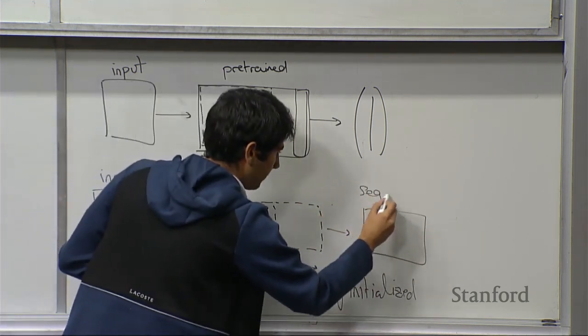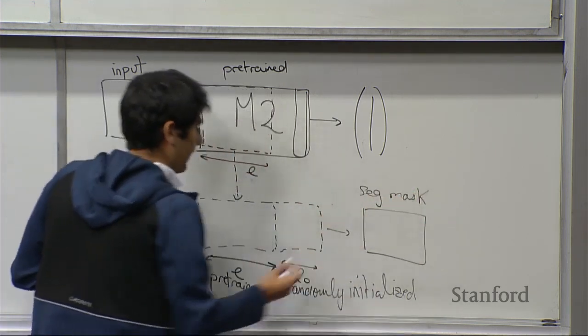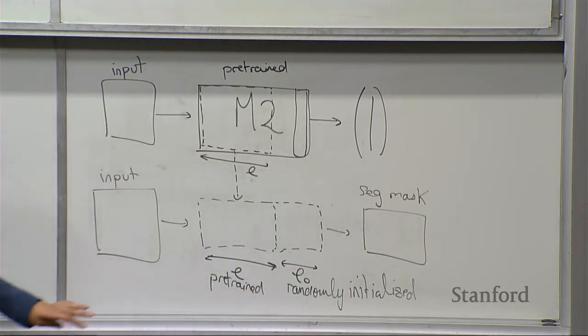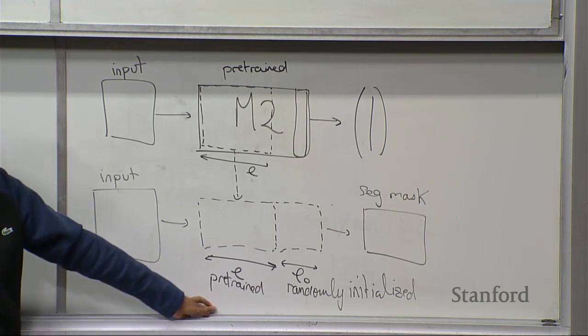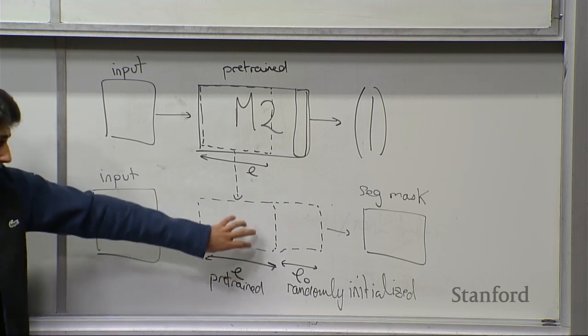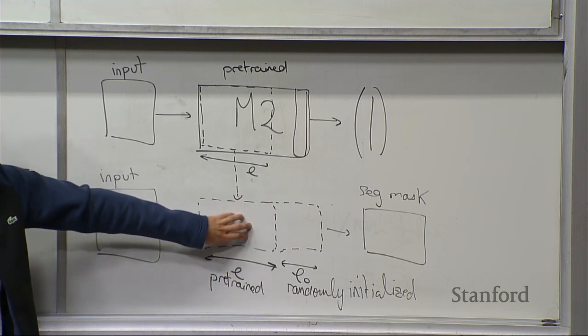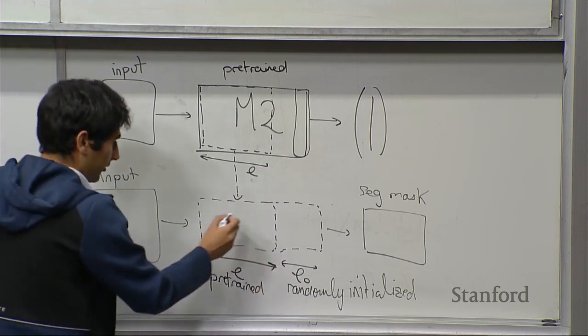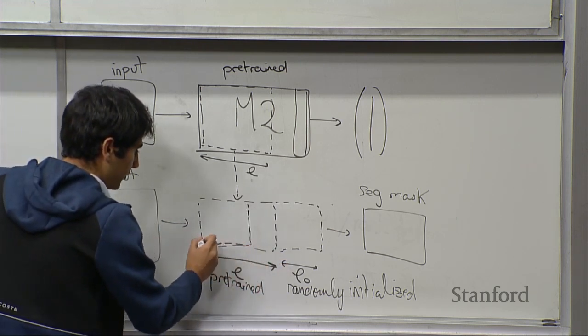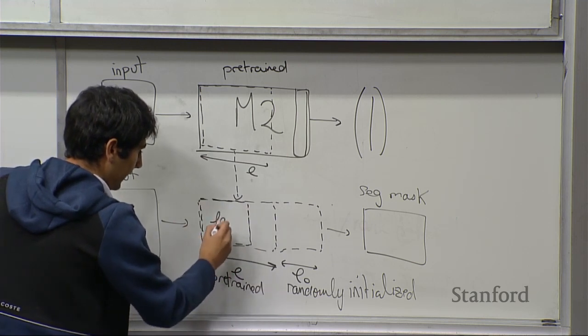And what you have to decide is how many of these layers will I freeze? How many of the pre-trained layers do I freeze? Probably if you have a small data set, you'd prefer keeping the features that are here, freezing them, and focusing on retraining the last few layers. So there is another hyperparameter, which is how much of this will I freeze, LF.